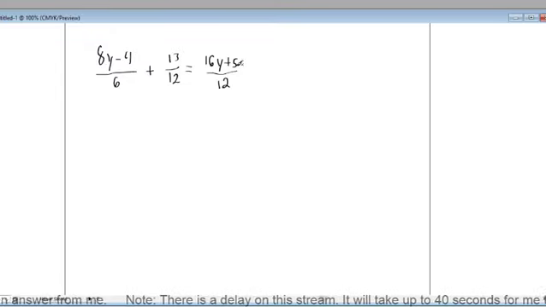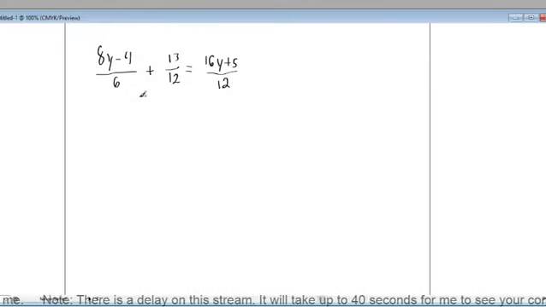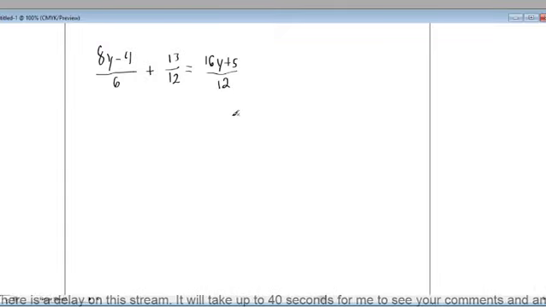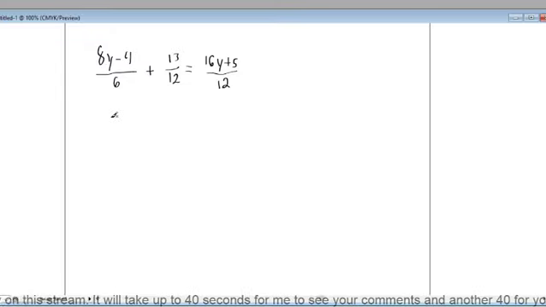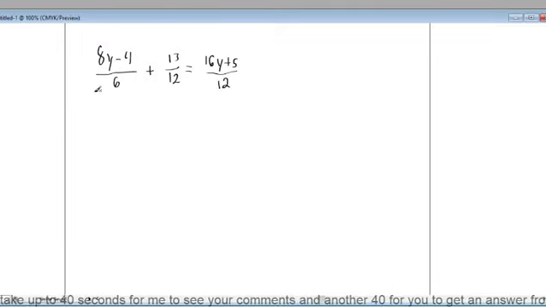Okay, so if you notice the denominators we have, 6, 12, and 12, we can easily make all of these the same denominator. And if we were going to use our rules for fractions, we'd need common denominators to add and subtract things.